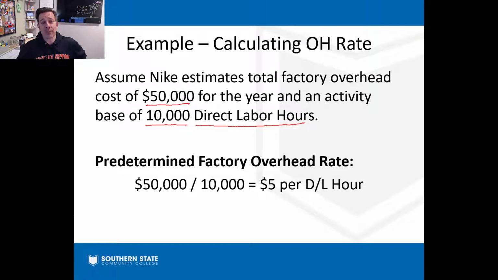So to come up with that predetermined factory overhead rate, we divide the total estimated overhead cost by the total estimated activity base. $50,000 of overhead. We're going to spread it out over 10,000 direct labor hours. And they're going to get $5 an hour. So my predetermined factory overhead rate is going to be $5 for every direct labor hour that's being worked.